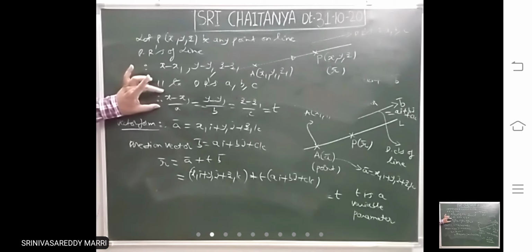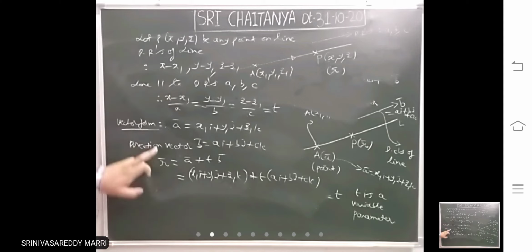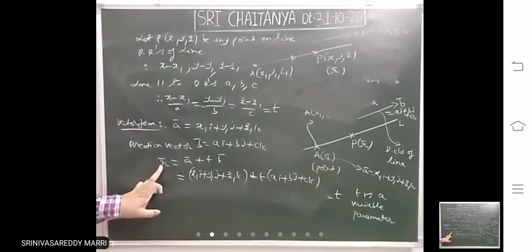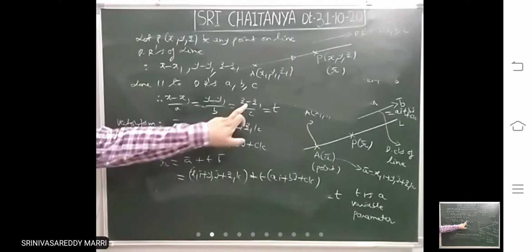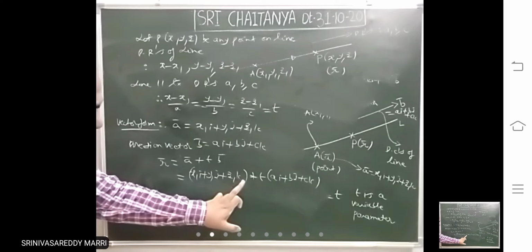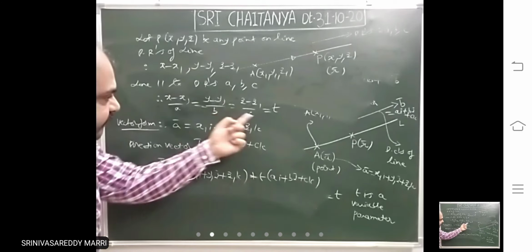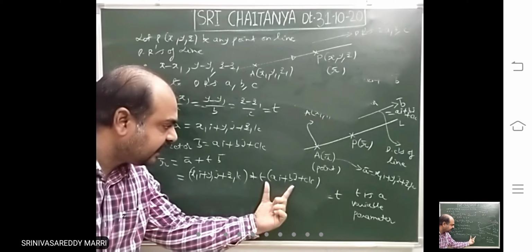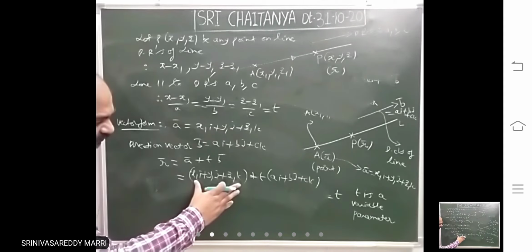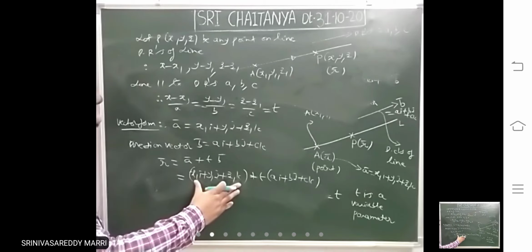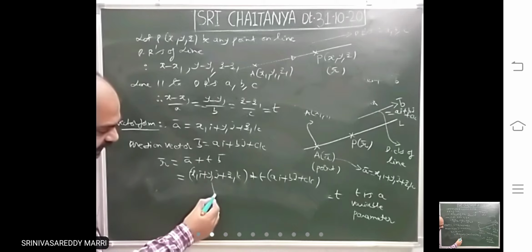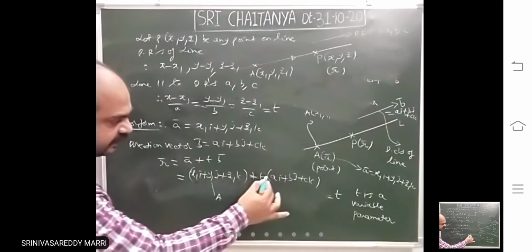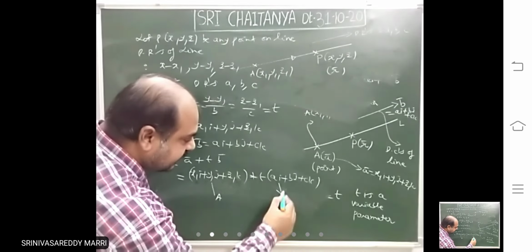Like that, in Cartesian form the line is there. If you got the answer in this form, he can give it in vector form. He will write R bar equals the position vector A bar plus T into the direction vector. This is in vector form. Suppose the line is given in vector form like this. You take this point as A, x1, y1, z1, and the direction vectors are there.